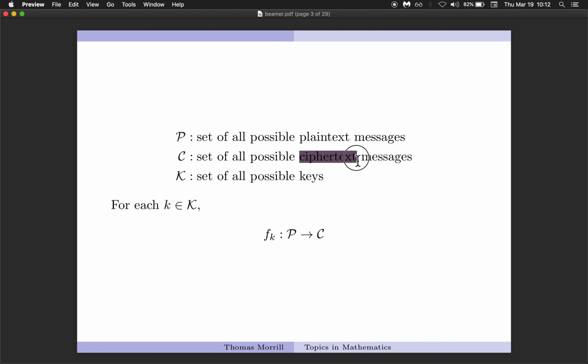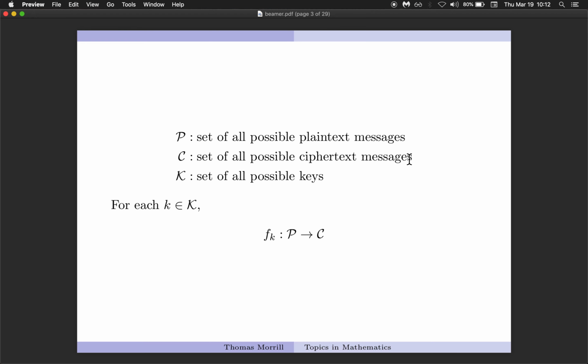We call this the ciphertext. And even though we have a single idea for this method of encryption, we'll have some set of keys that we're using to encrypt by. You can think of each key as locking and unlocking the message. You need to have the correct key to go from the ciphertext back to the plain text.